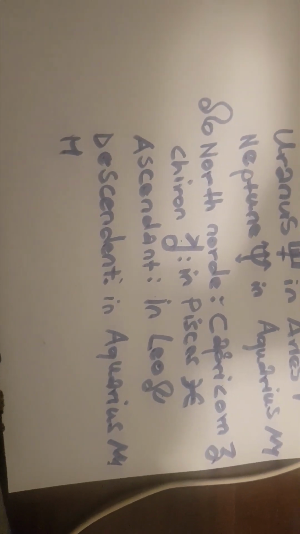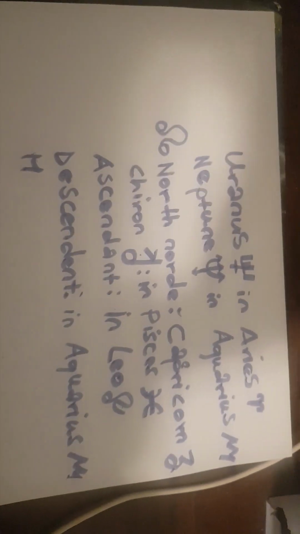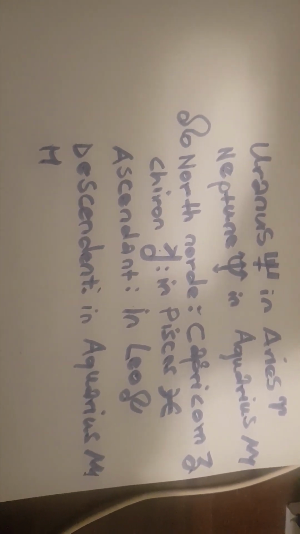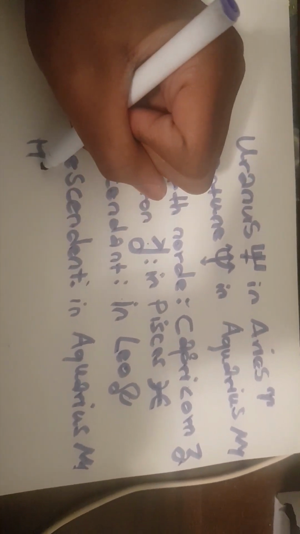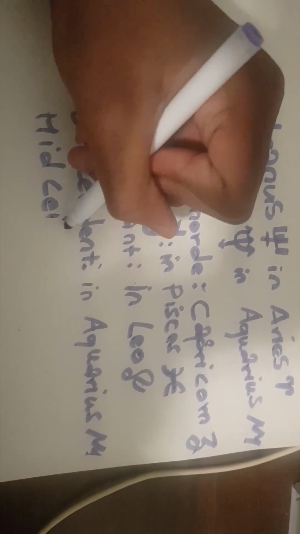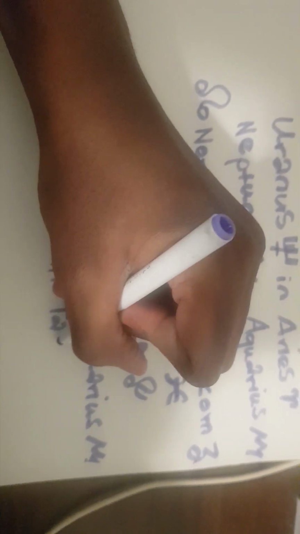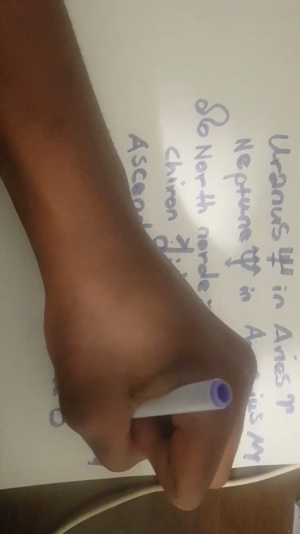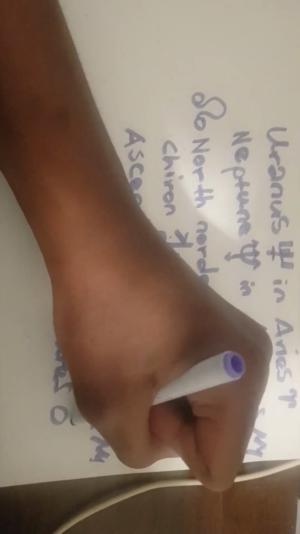So just know that, don't mistake it for two different things, because the midheaven and the Medium Coeli are the same thing. People in general usually like to call it the midheaven because Medium Coeli sounds a bit weird. And the symbol for it is just MC.